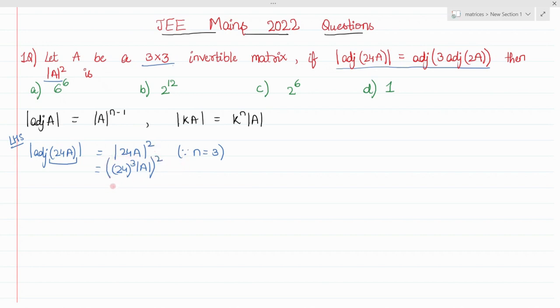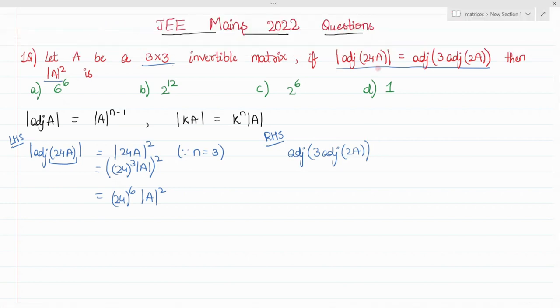Okay, now we can write this as 24 whole power 6 into determinant of A whole square. Now let's solve the RHS side. It's given as adjoint of 3 adjoint into 2A.